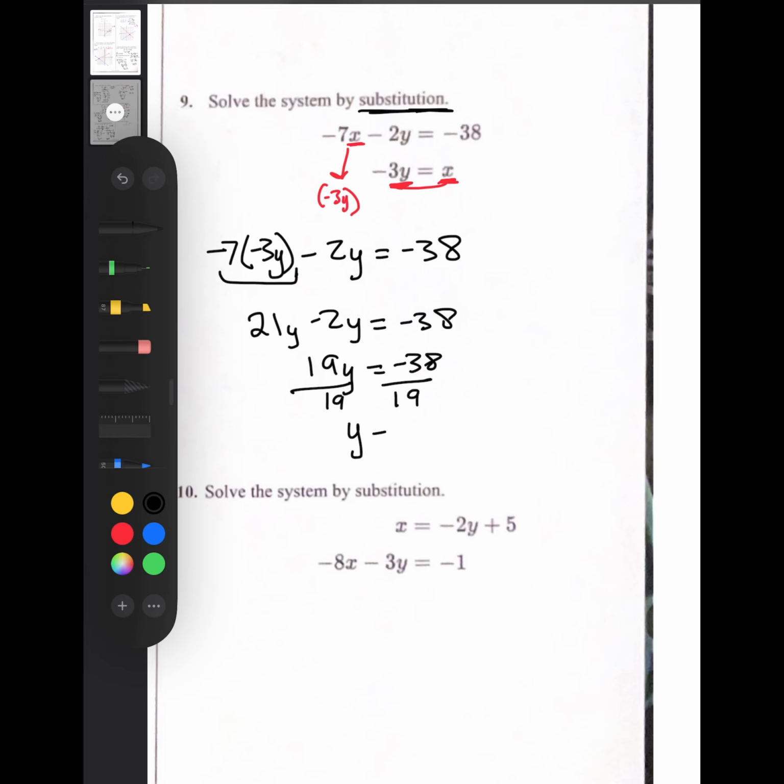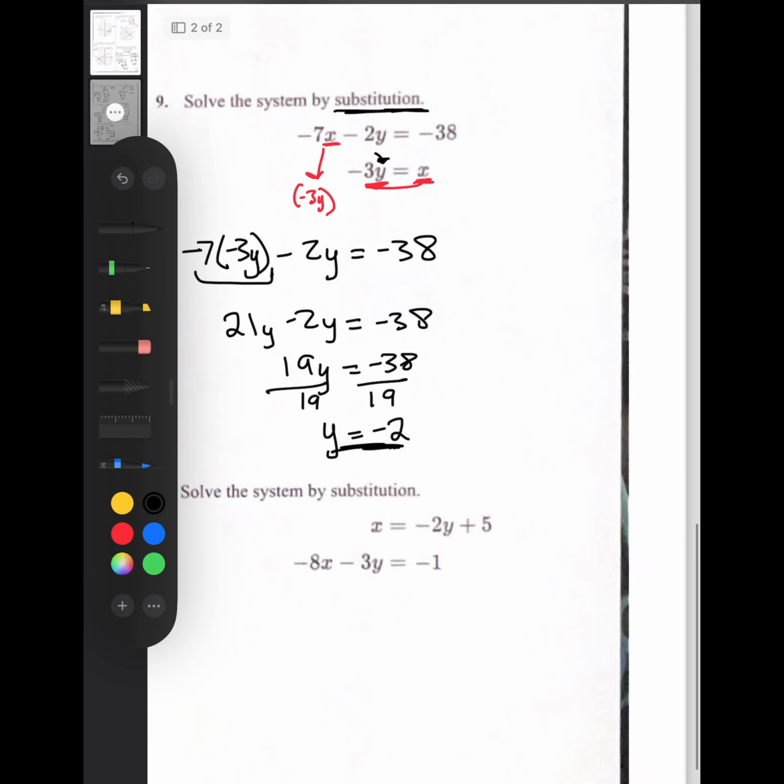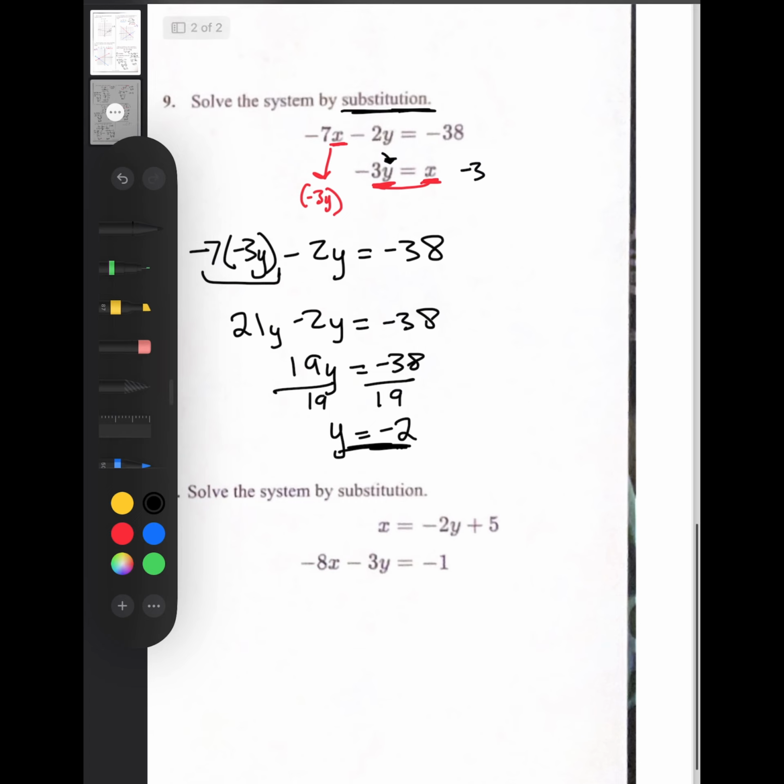That gets us y equals negative 2. Then, again, this makes it kind of easy. We're able to plug this y value right into this y to get our x. So that gets us negative 3 times negative 2 equals x, which will also get us x equals 6. Our ordered pair for substitution is 6, negative 2.